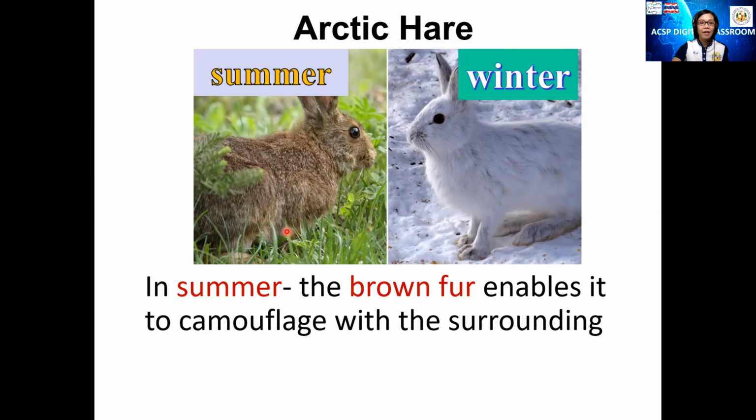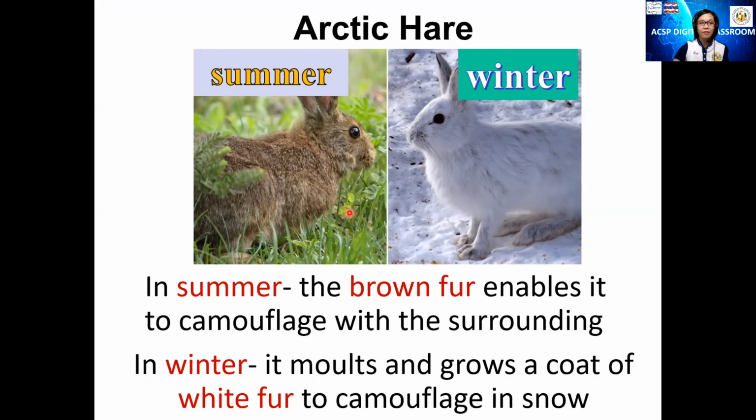So they change their fur into brown, enabling them to camouflage. During winter, its fur changes into white. It molts, which means it changes, and grows a coat of white fur to camouflage in the snow. That is the adaptation of the Arctic hare, so that they can survive and escape from predators. They can hide and run away from predators.